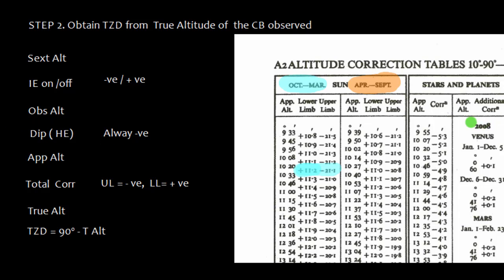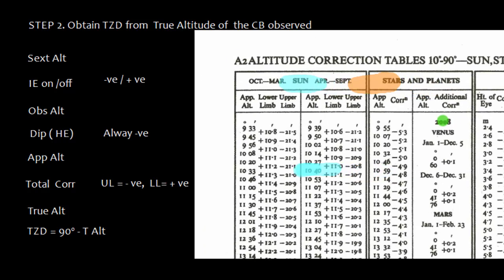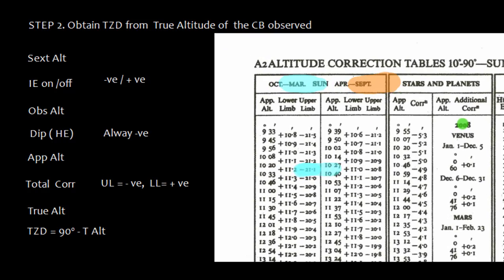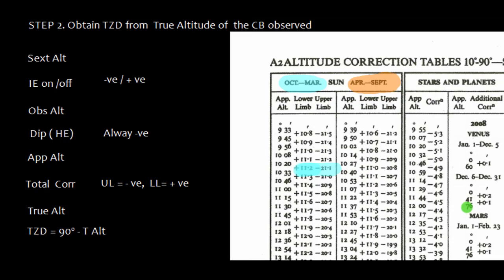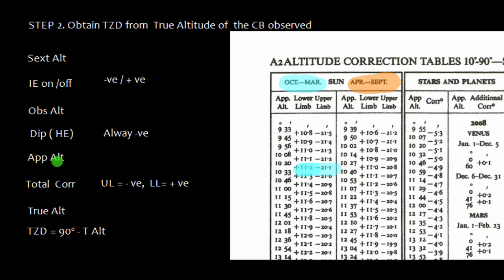Well, you can have a look here at this picture, and here if you see, this is dip, and suppose this is 3.8 to 4 meter height of eye, the dip correction is minus 3.5 and so on. Then we have apparent altitude. Then we need to apply total correction. Here you got to be careful. There are two tables.